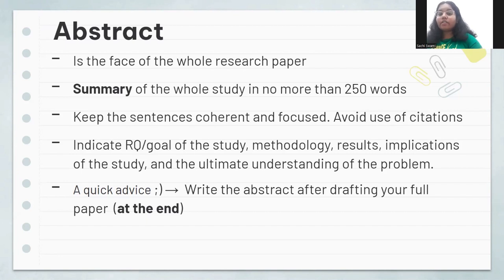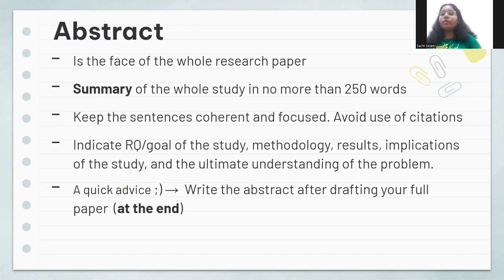How does this study that you're conducting contribute to the big picture? What difference does it make? And a quick advice, and this is something that has personally worked for both me and Trisha, is to write your abstract last. By that I mean after drafting a full paper, after completing all the other sections, is when you come to write the abstract, even though that's the first section.